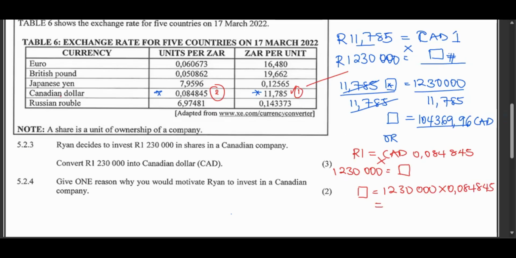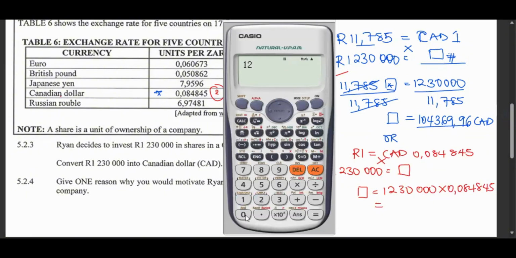So put that into your calculator. We say 1,230,000 times 0.084845. Press equals.